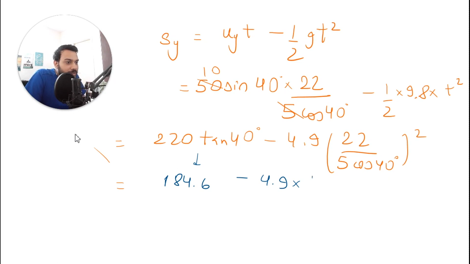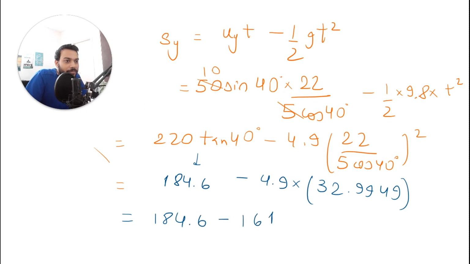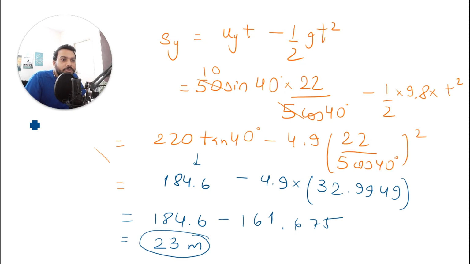The squared would be 32.949. And this is going to be 184.6 minus 161.675. Clearly we can see this will come out to be something around 23 meters. So the vertical displacement is less than 30 meters, and hence the cannonball will for sure strike the castle wall. The question was a bit calculation intensive.